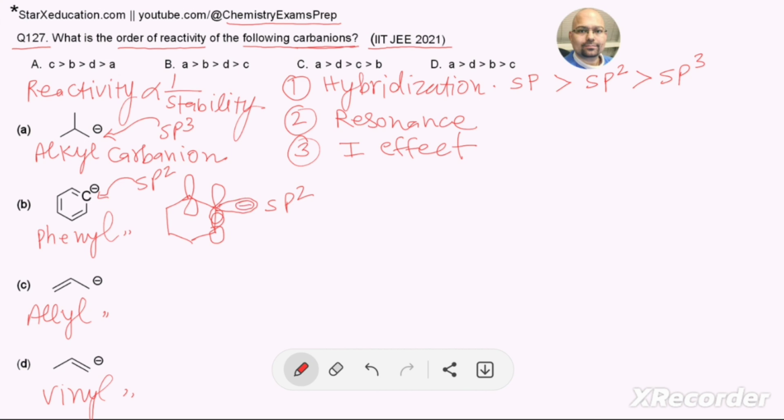So this negative charge cannot be delocalized. There is resonance because this is an aromatic species, but this negative charge is not being stabilized by resonance.